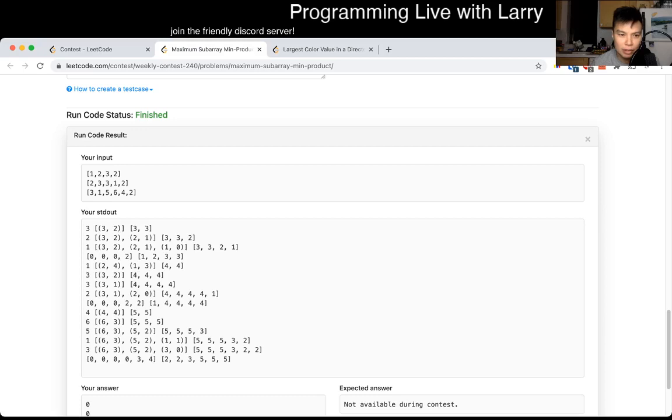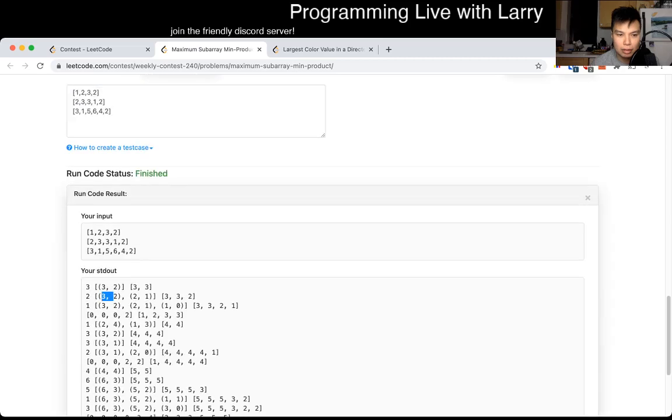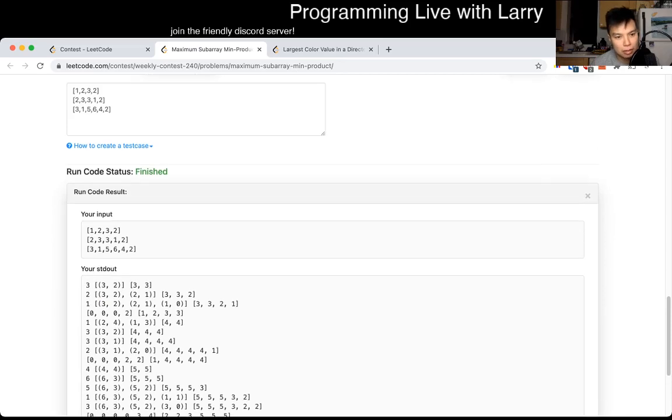Did I get the signs wrong? 2 should pop to 3 if three pops to 2 because 3 doesn't. That doesn't make sense. Did I get the signs wrong altogether?